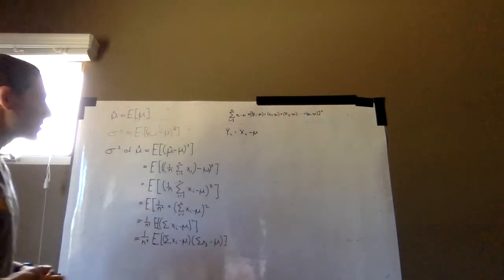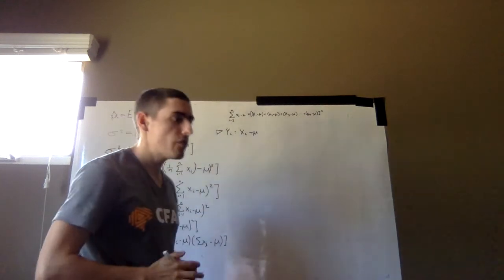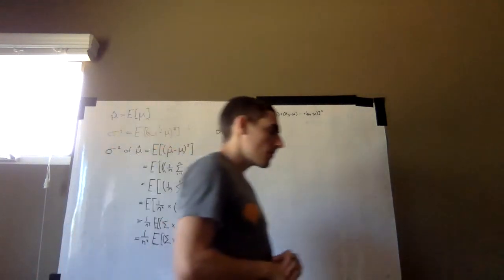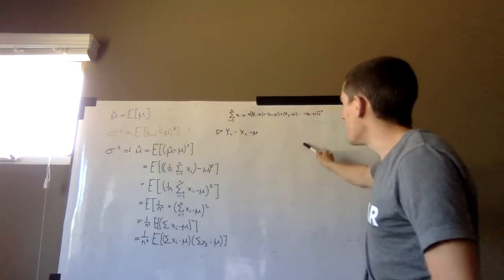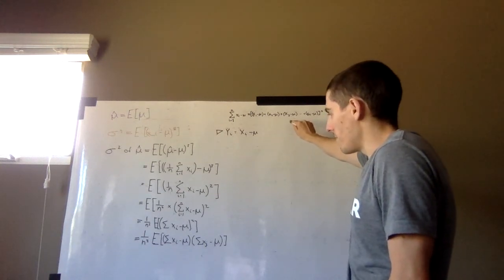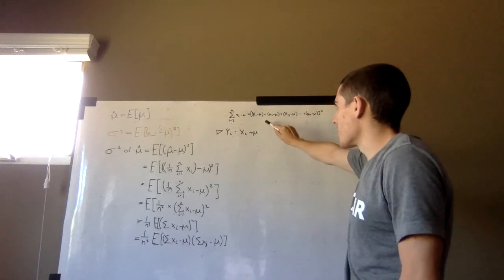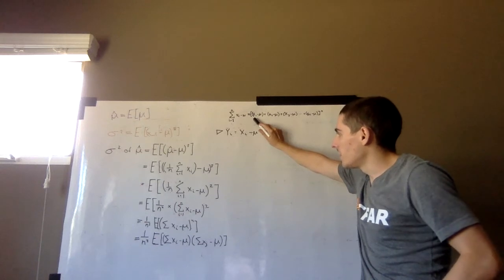The thing that we're doing with this translation is moving all of our data points over, shifting so that each of these is a deviation.